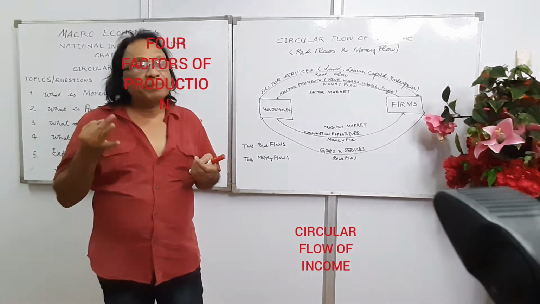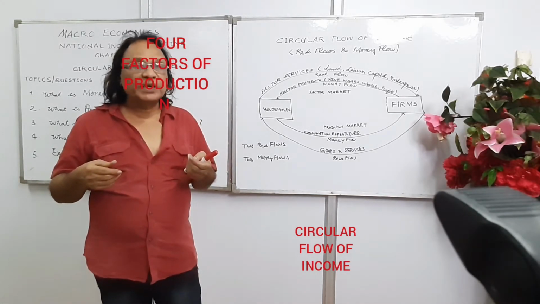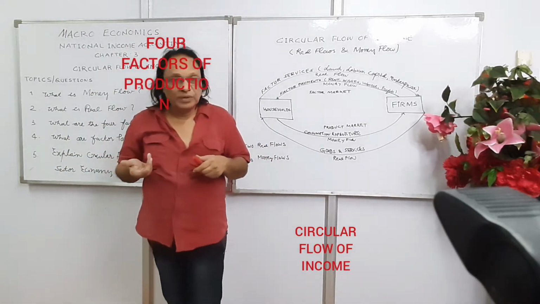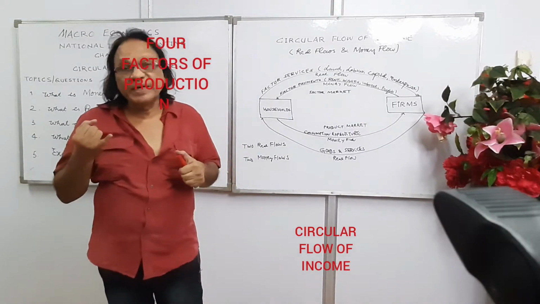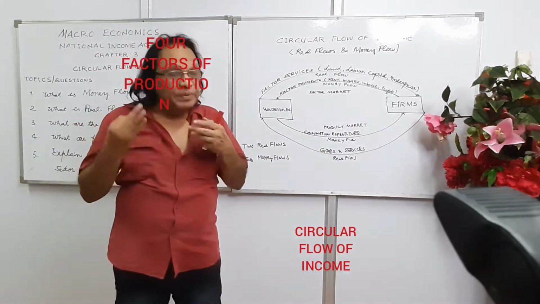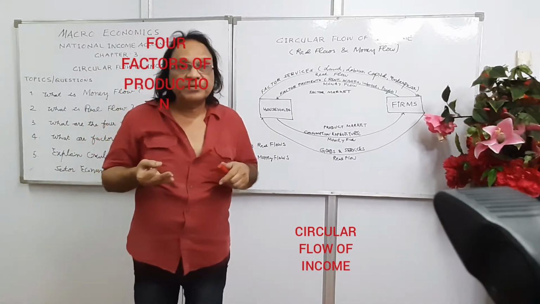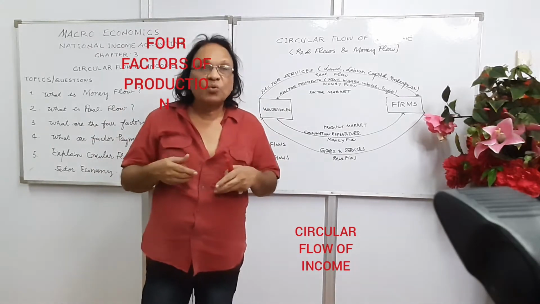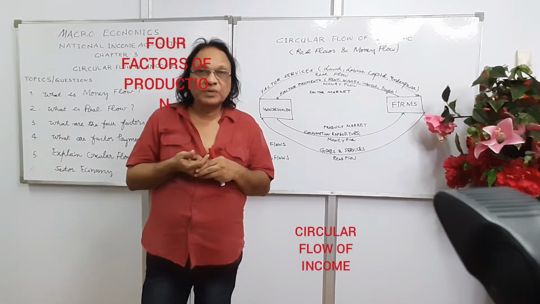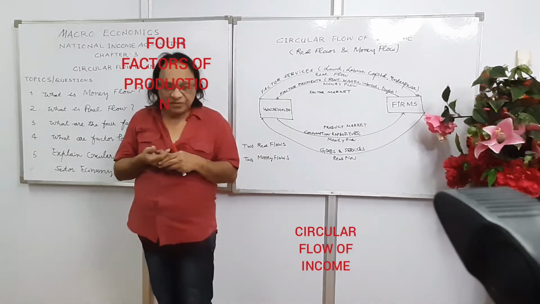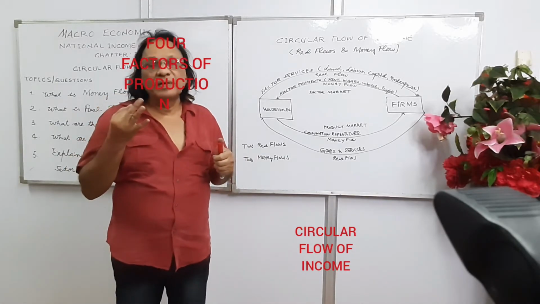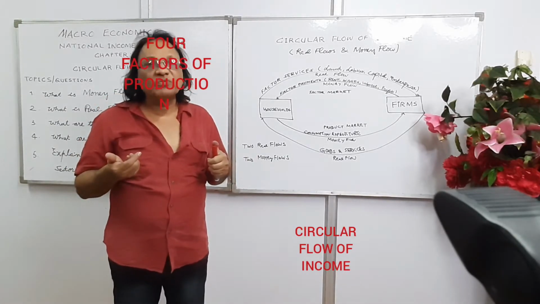For example, even if you want to cultivate rice, you need land, labor, and capital. Capital means machines, tractor, choppers, and entrepreneurship, the one who organizes the show. Even big factories use the 4 factors: land, labor, capital, and entrepreneurship. These are the 4 factors of production.